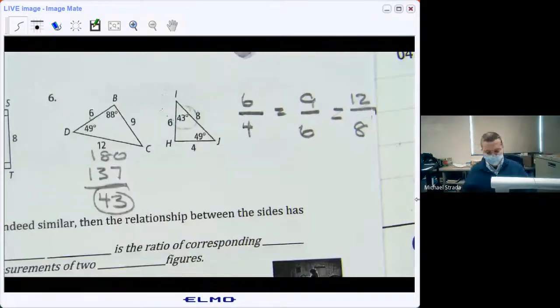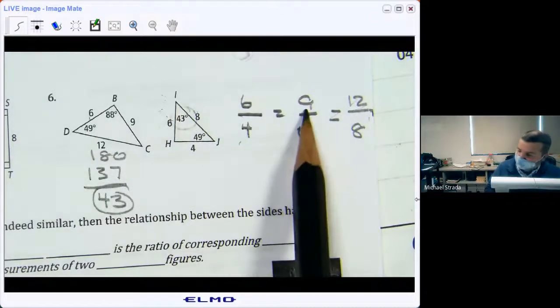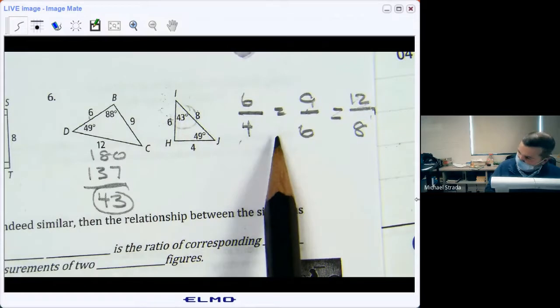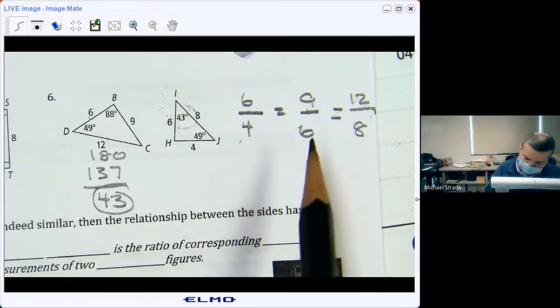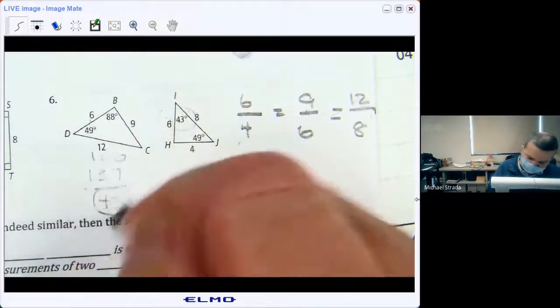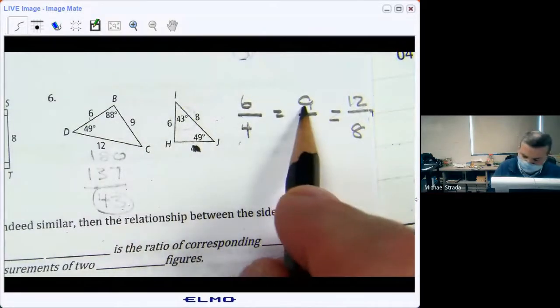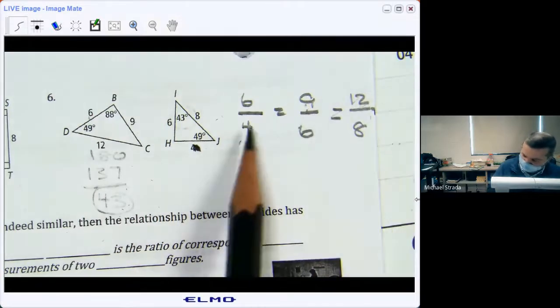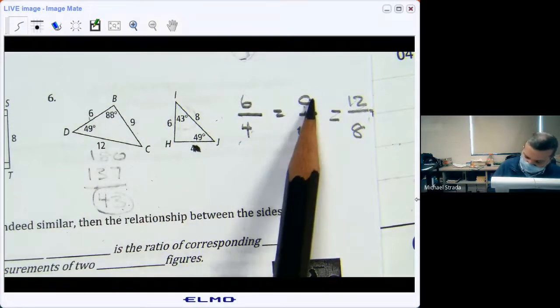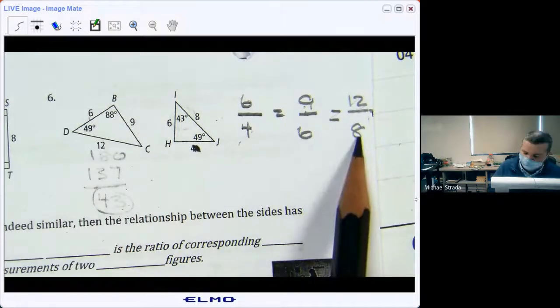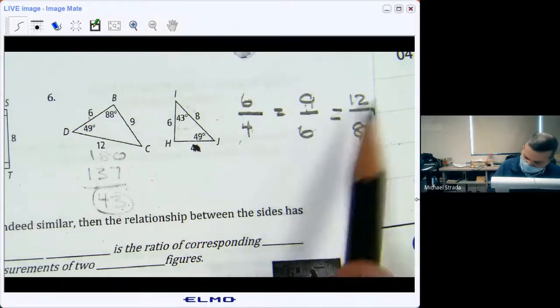Now we cross multiply. 9 times 4, 36. It's not a third triangle, it's a third side. So 4 times 9 is what? If you want to go that way, or we can just cross multiply. 4 times 9, 36, 6 times 6. Good to go. 9 times 8, 72. 12 times 6, 72.